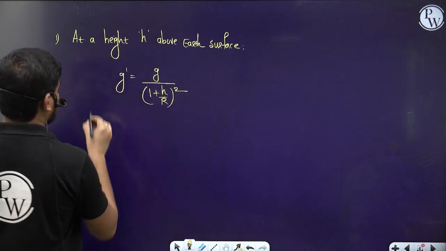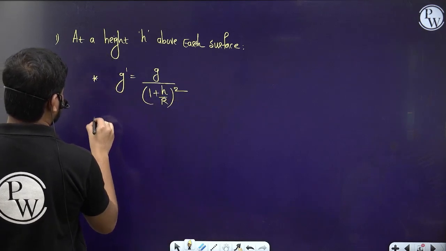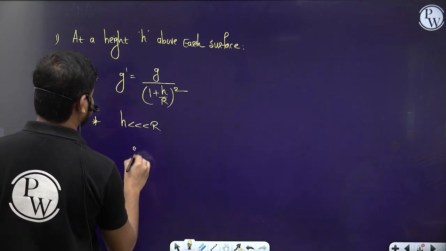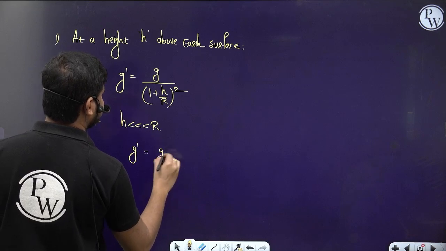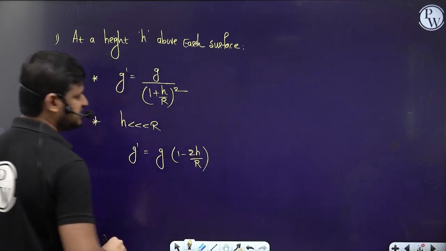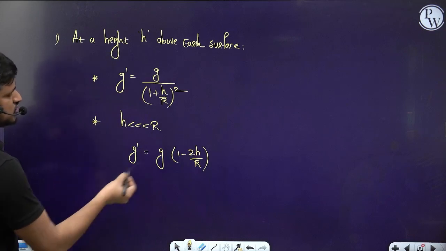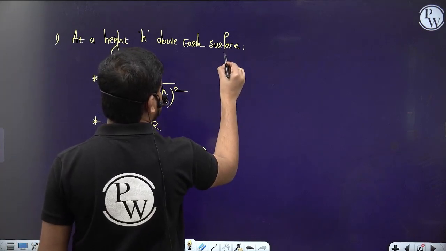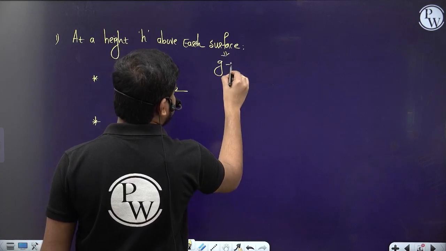Yes, if h is far less than r, then we can write g dash equals g into 1 minus 2h by r. So this is at a height h above, so the g value decreases.